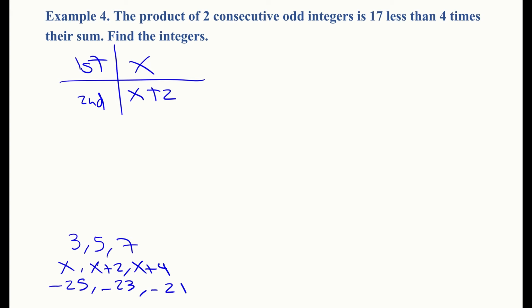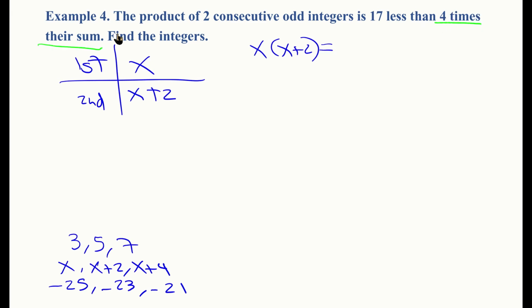All right, welcome back. The product of two consecutive odd integers, so x times x plus 2, translates into equals 17 less than 4 times their sum. Remember what we said? If you have a phrase like less than or more than, see what comes after that. Here, 4 times their sum is what comes after it.